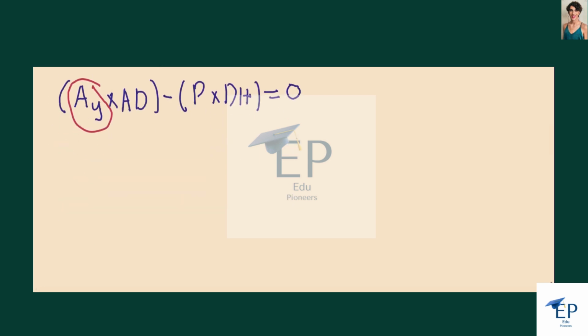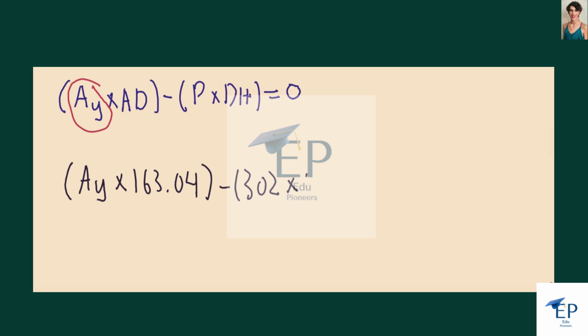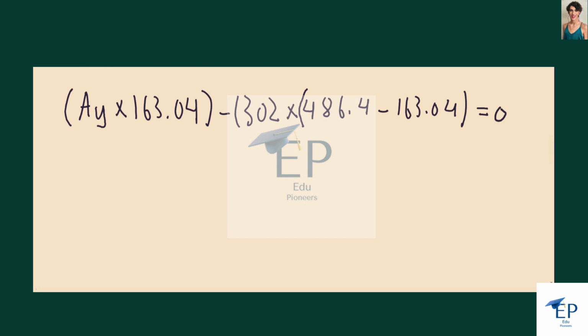So that's going to look like A of y times 163.04, minus 302 times 400. To get the length DH, we do 486.4 minus 163.04. Set that equal to 0. And we solve for the unknown variable A of y, the y component of the reaction.